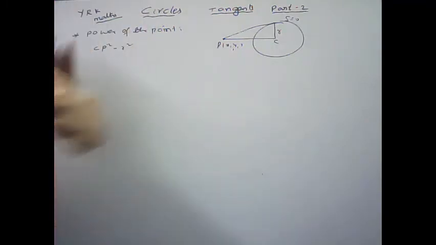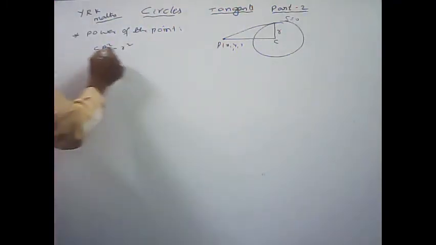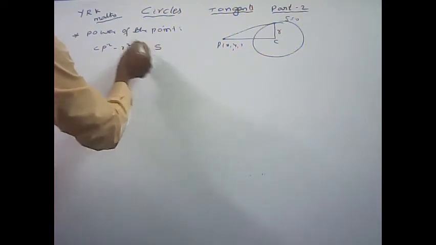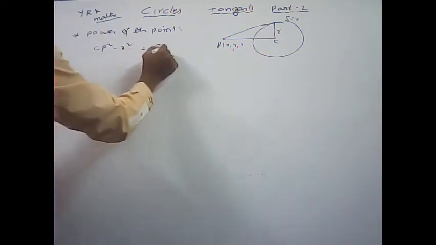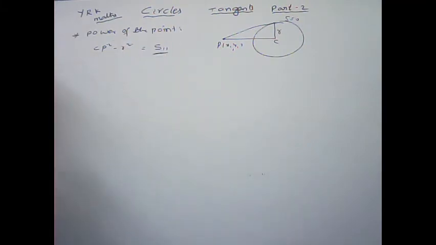Previously, by simplifying CP square minus R square, whatever we have done, here also the same thing; here also we can get S11. But here, whatever magnitude we get, that one we say is the power of the point P with respect to the circle S equals to 0. It depends upon the quantity here.